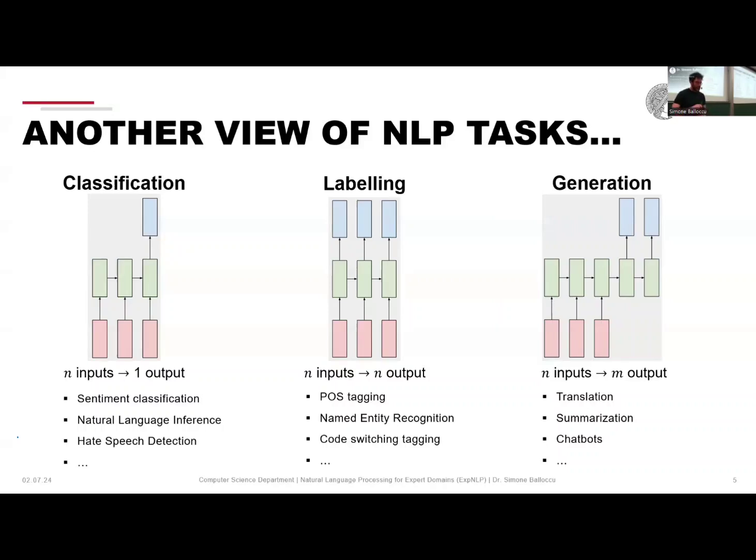Then we have labeling, where we have the same amount of inputs and outputs. So part of speech tagging, is this a verb, is this an adjective, is this a noun? And so, of course, for each single token, we need to output a label. Named entity recognition, we saw it in the first lecture as well. You know, this is a person, this is an organization, this is a place. Code switching tagging, super cool.